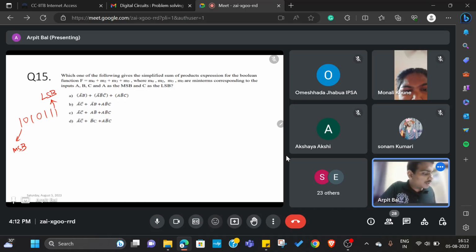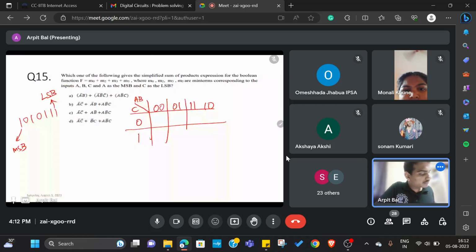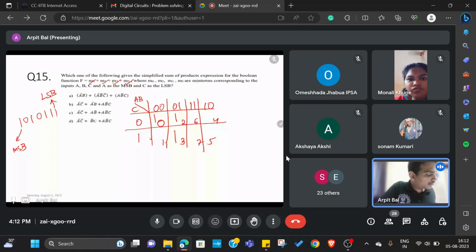Now let us construct the Karnaugh map. A, B, C: 00, 01, 11, 10, and 0, 1. The cells are 0 2 6 4 and 1 3 7 5. So it says M0 M2 M3 M5. This can be grouped into 1, this can be grouped into 1, and this will stay alone.